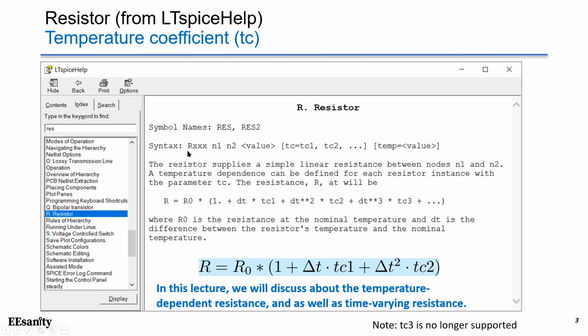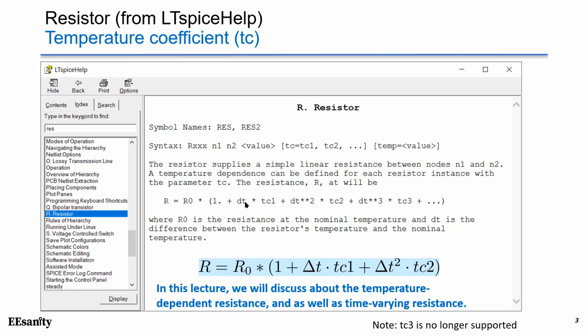The syntax is resistor name, that's the reference designator name, as R1 or R2, followed by node 1, node 2, and also a value. The resistor is across node 1 and node 2. The temperature coefficients Tc1 and Tc2 are optional in brackets, and also the temperature value is optional.